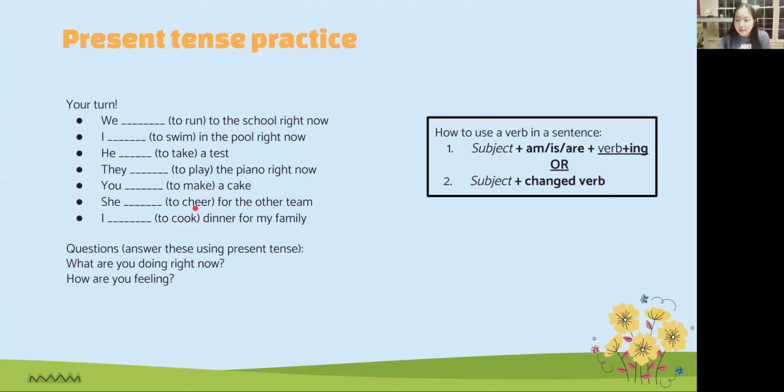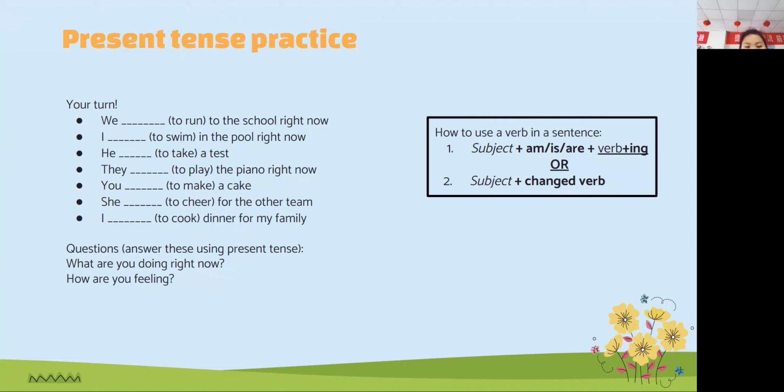Can you say cheering? Cheering. Yeah, good job. Do you know what cheer means? 加油鼓掌. Exactly. So it's like, yay, good job. Okay. Nana, can you do the last one?